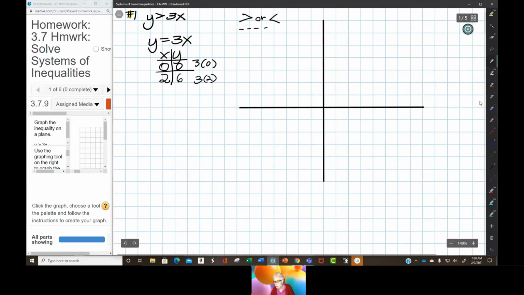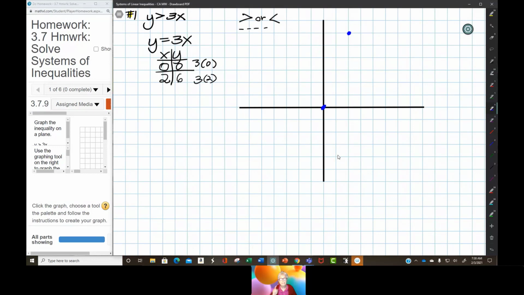Anyway, let me find the points. Do it in blue. (0, 0) is right here. And (2, 6) is 1, 2, 1, 2, 3, 4, 5, 6. So this is (0, 0), and this is (2, 6). Now I'm going to draw a line between them.